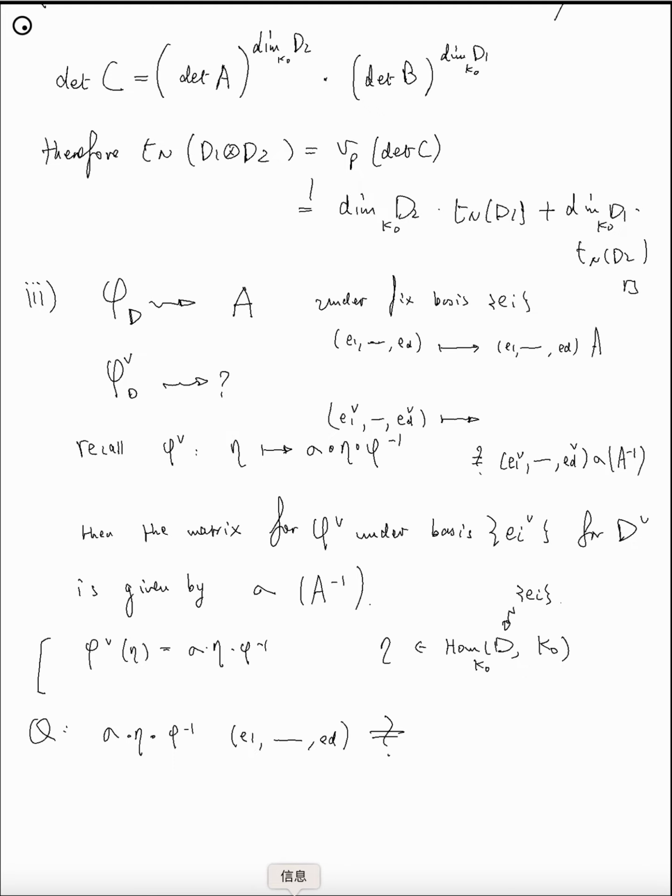We claim that the matrix for phi du under the basis is given by sigma A inverse. So we only need to check it on those basis elements.